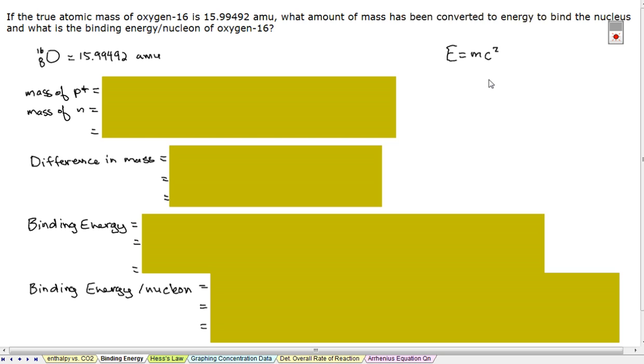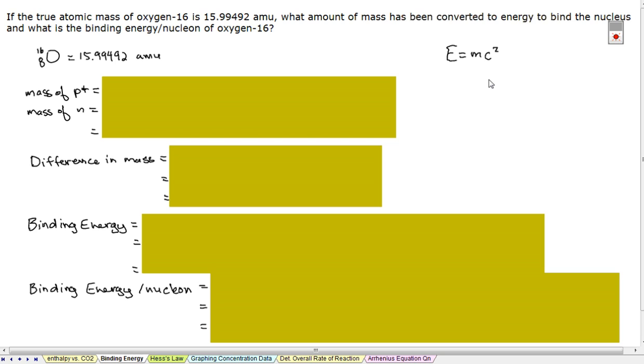So what happens is, whenever a nucleus is formed, a very small amount of matter is actually converted to energy, and that energy we call binding energy, and that energy would be released if we were to separate nucleons, either protons or neutrons, from the nucleus, and that would be in a nuclear reaction.